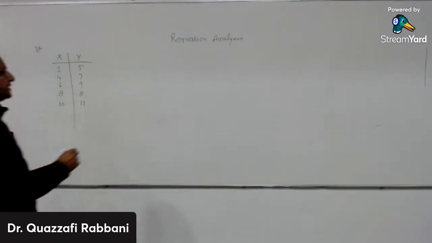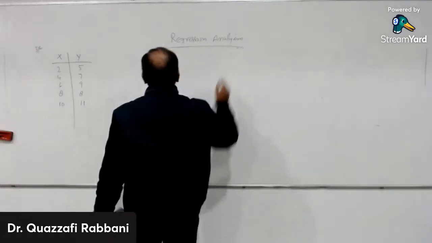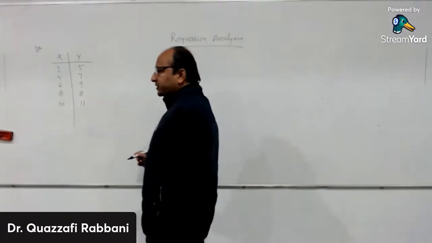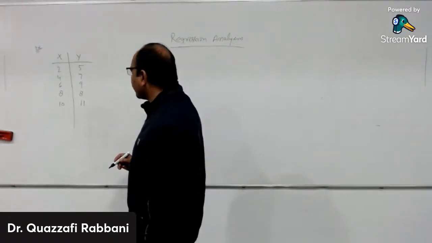Now we want to find the regression line: regression line x on y and regression line y on x.